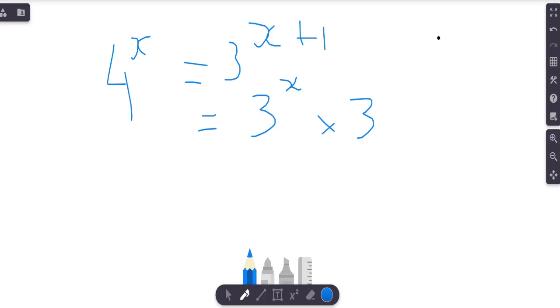Because when we have a to the p multiplied by a to the q equals a to the p plus q.